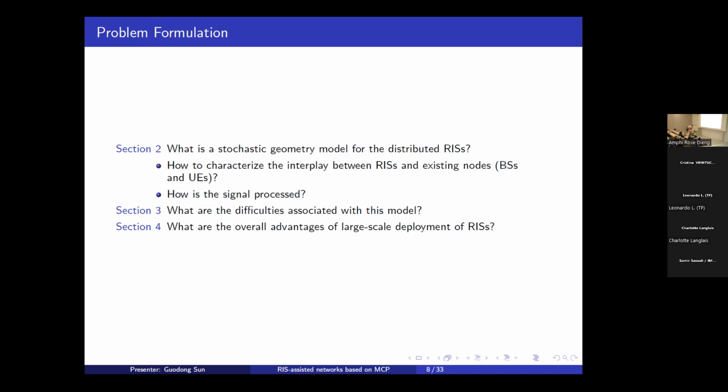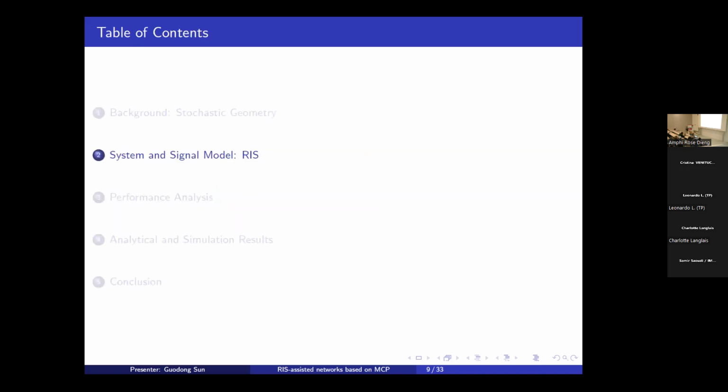In particular, we have to do some signal processing. In section 3, I will show the difficulty that arises with the introduction of RIS and how we solve that. In section 4, I will give you some results, the advantage of deploying RIS at a large scale. So now it's the system and signal models.